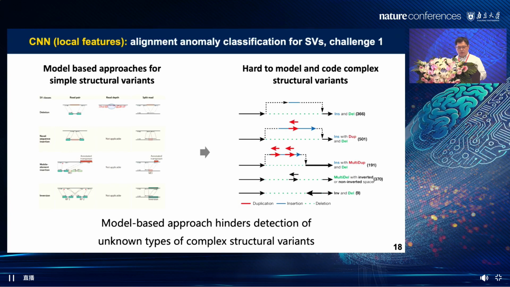However, for the complex events on the right side, there are so many different kinds, and some mutations may show up in one of the rare cancer patients but we haven't detected them yet. So we cannot use the model-based approach to find those things that we haven't detected. This is basically a chicken-and-egg problem.